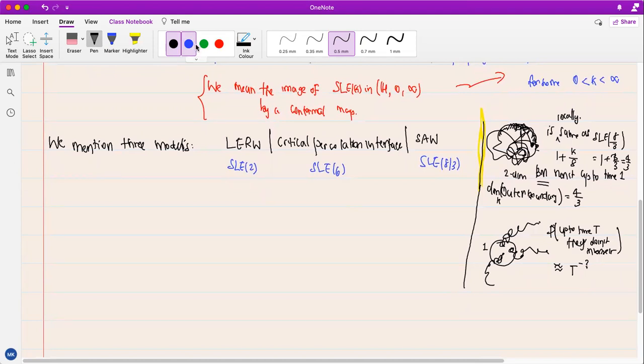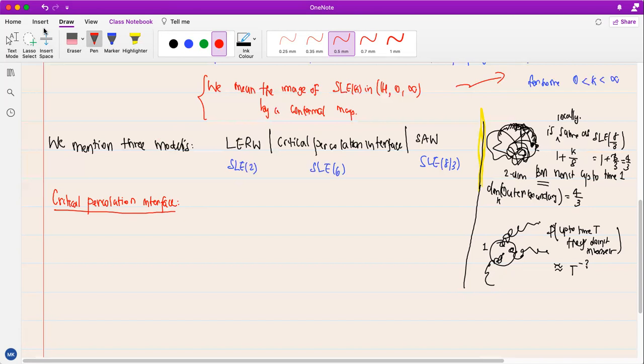Okay, so now let me go to these models and maybe describe. First, let me talk about critical percolation. This was the one where conformal invariance and so on were actually stated. I don't know if it was also done for loop-based models, but originally it was done for this.